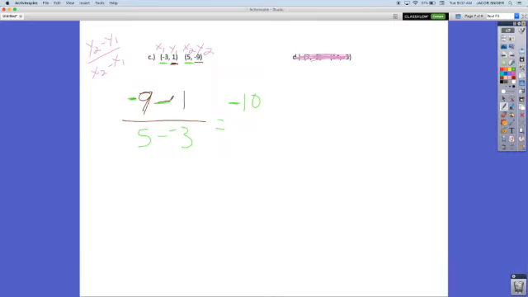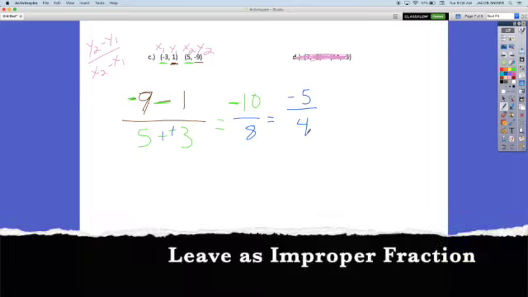Now, we talked about this when we did our one-step and two-step equations last week, okay? If I have 2 negative signs, I really like making them plus signs. I don't like 2 negatives. I don't like being negative. So I got 5 plus 3, 8. Okay? Simplify, take a 2 out of the top, 2 out of the bottom. Negative 10 divided by 2 is negative 5. 8 divided by 2 is 4. And there's my answer.